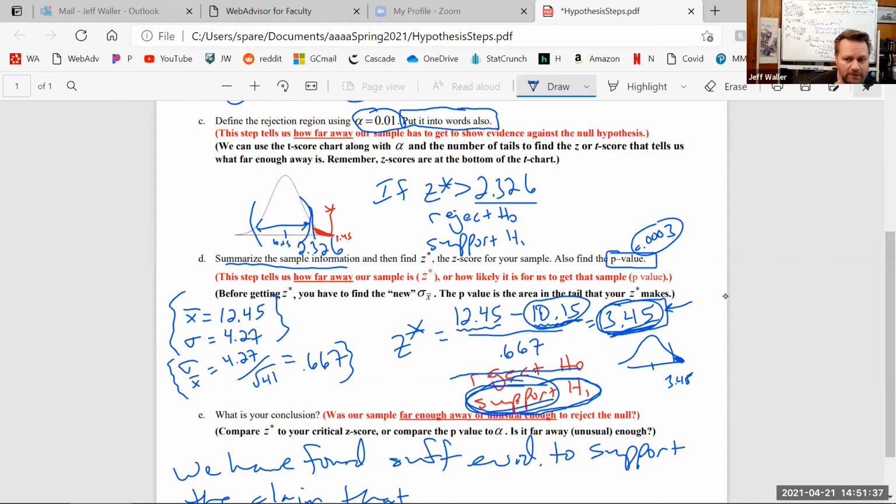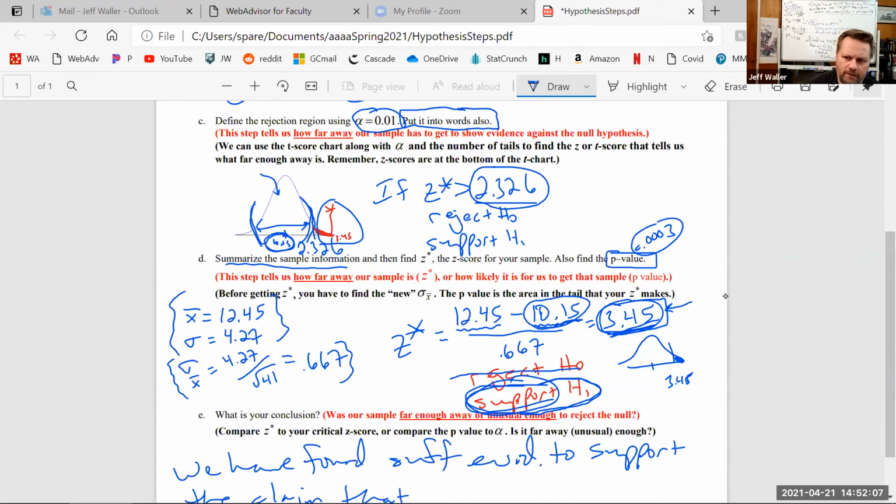Because in this specific problem, where does unusual start? Here. So if the real mean is 10.15, I would expect the sample to show up in here. If a sample shows up out here, that would be really unusual unless the mean is not actually 10.15. Does that make sense?